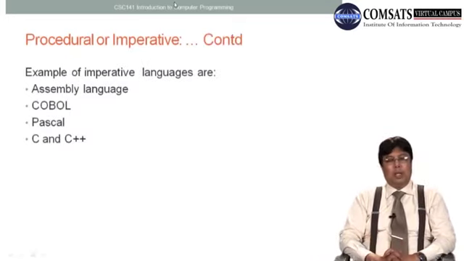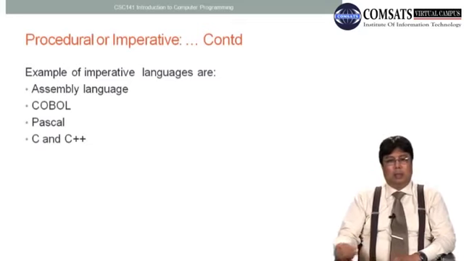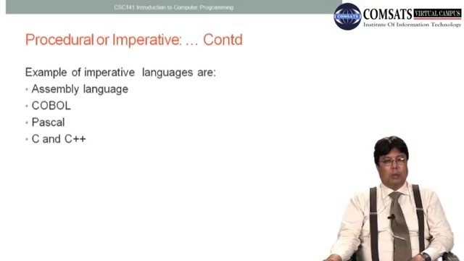Examples of imperative languages are assembly language, COBOL, Pascal, C and C++. Assembly language is second generation, and COBOL, Pascal, C and C++ are high level languages.